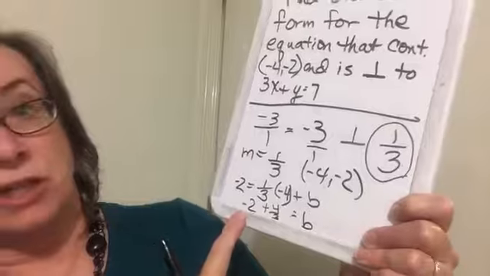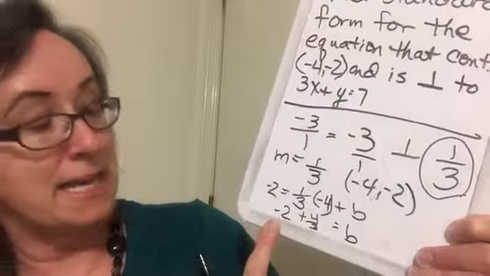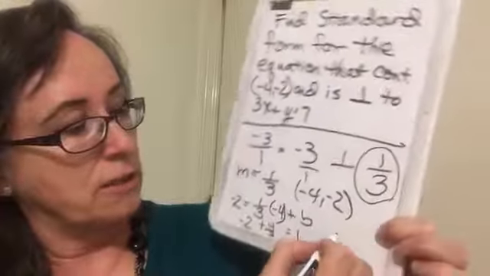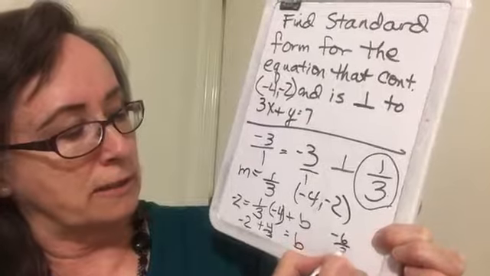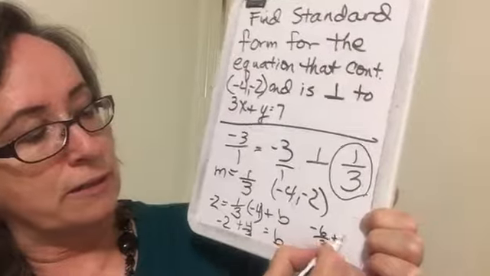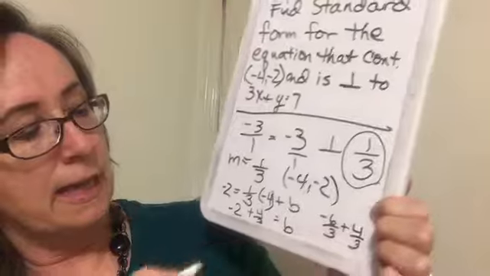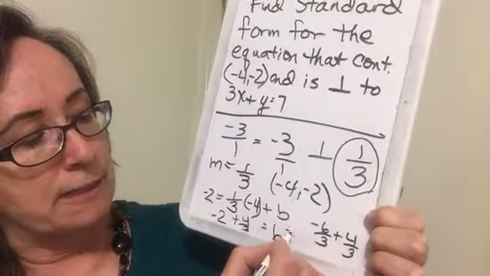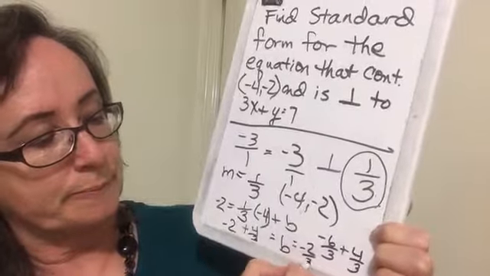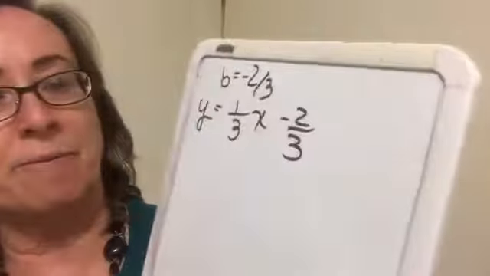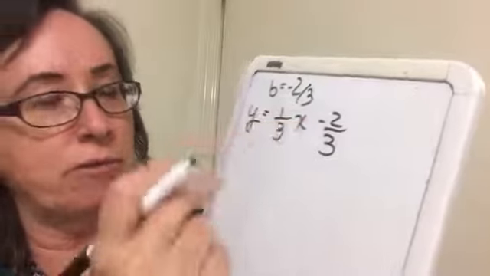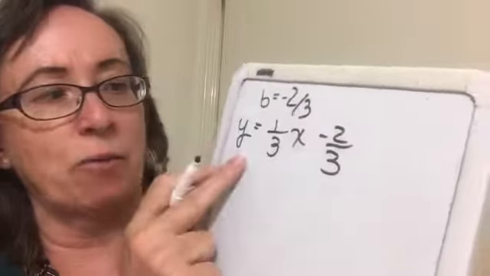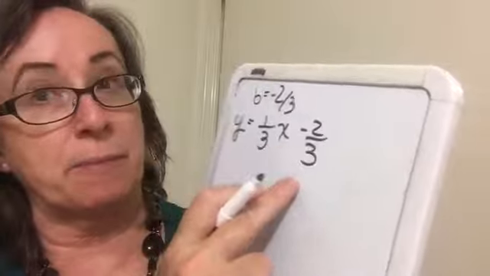So -2 is -6/3. So I have a -6/3 plus a 4/3 is a -2/3, which is my b. So my b right here is a -2/3. Let me get another board here. So now I have my b is -2/3, and I have y is 1/3 x minus 2/3.